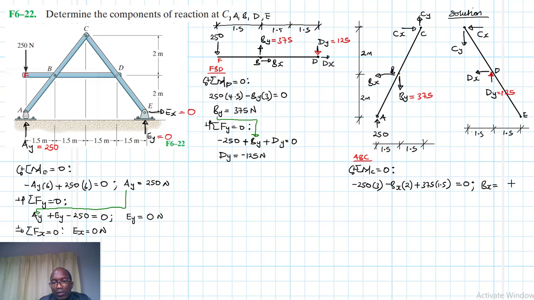Okay, so we have minus, which gives us a minus 93.75 newtons. Let me work it out. So we had a clockwise, we had also another clockwise, and then we had a positive one.